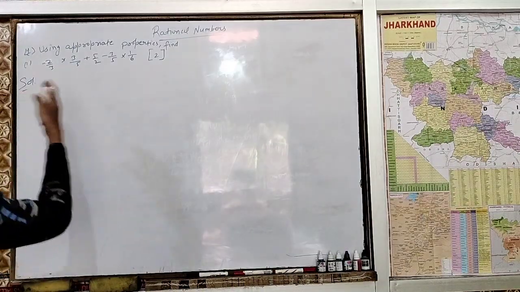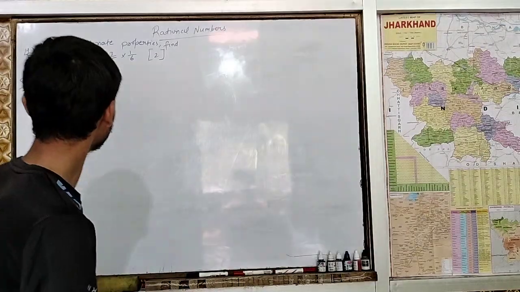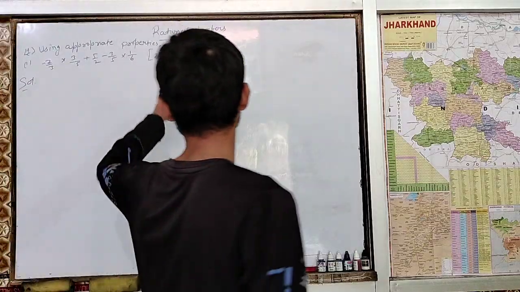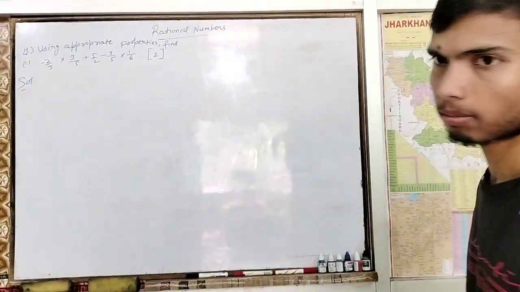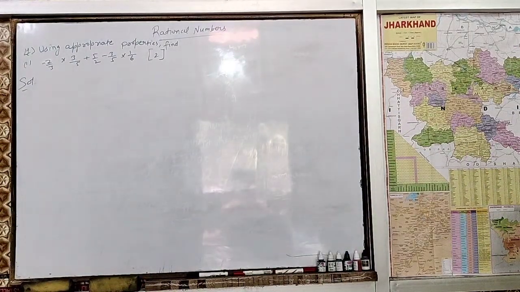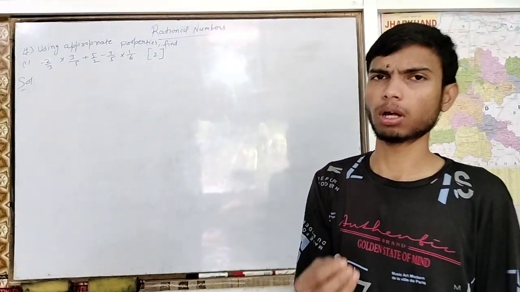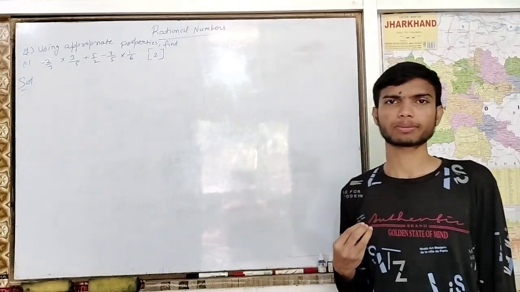Here, we have minus 2 upon 3, then multiplication, then 3 upon 5, then addition, then 5 upon 2, minus 3 upon 2, multiplication, then 1 upon 6. Like that we have the question. Just apply a simple method, whatever you know.